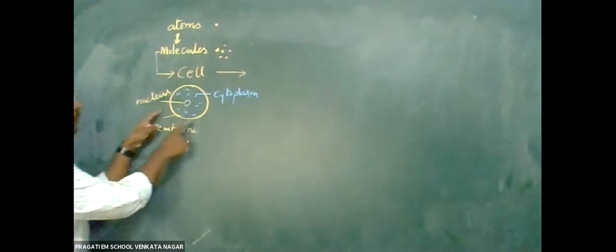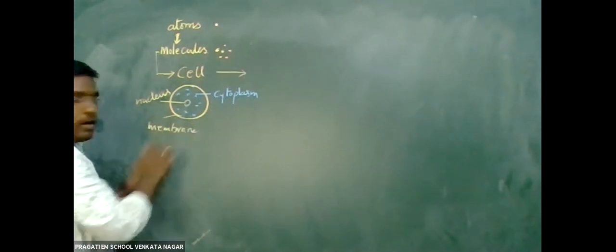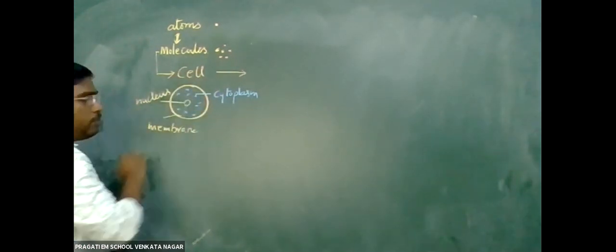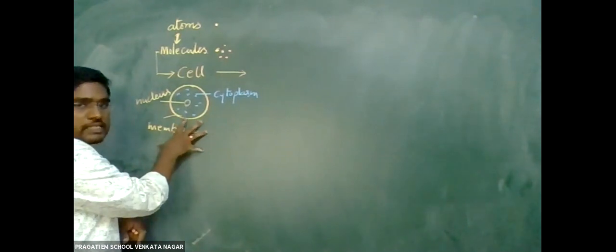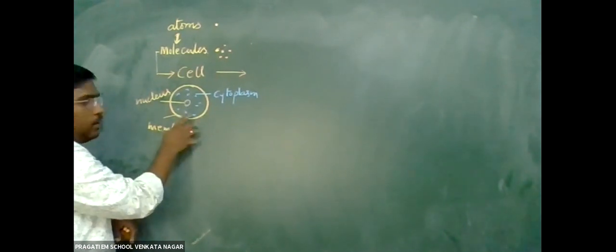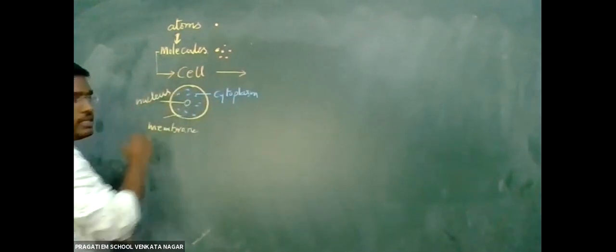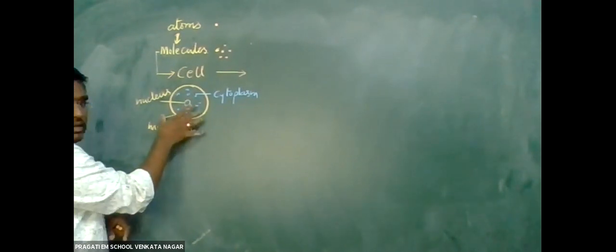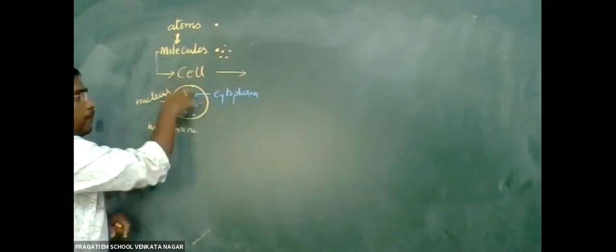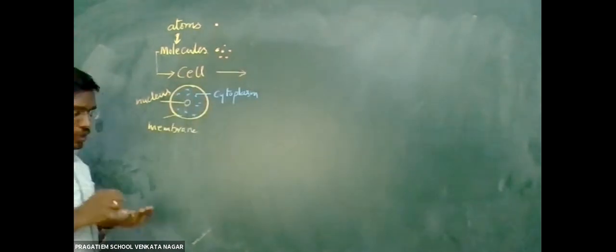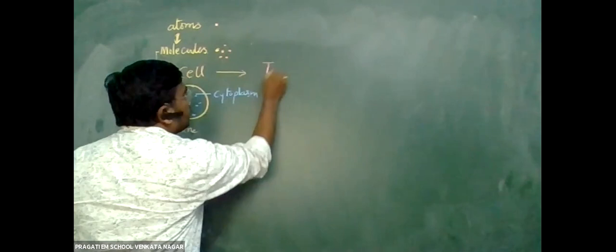Many cells of this type combine to form, structurally, similar cells. For example, an organism is composed of cells, and a group of cells combine to form another level of organization, that is nothing but tissue.